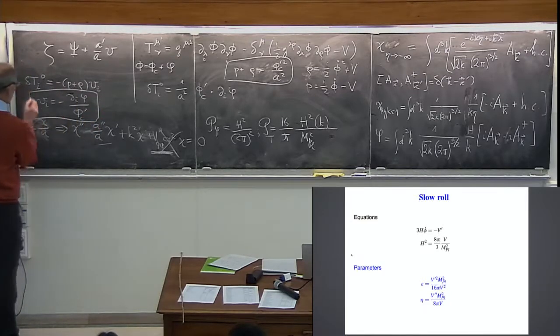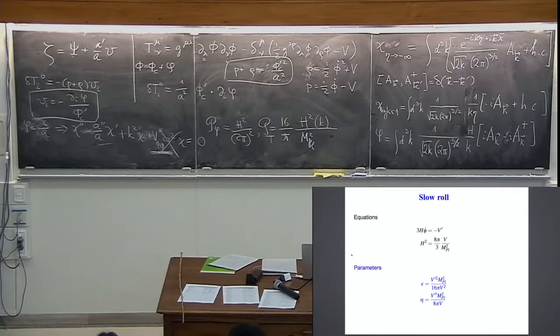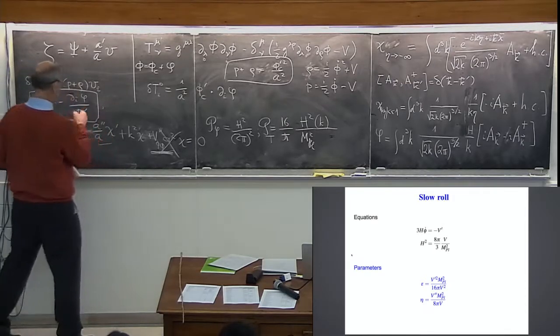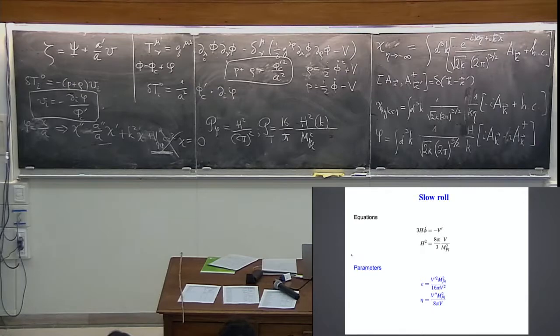My system looks like a perfect fluid, if I identify velocity with the derivative of the perturbation of the scalar field, divided by the classical field prime. Okay?